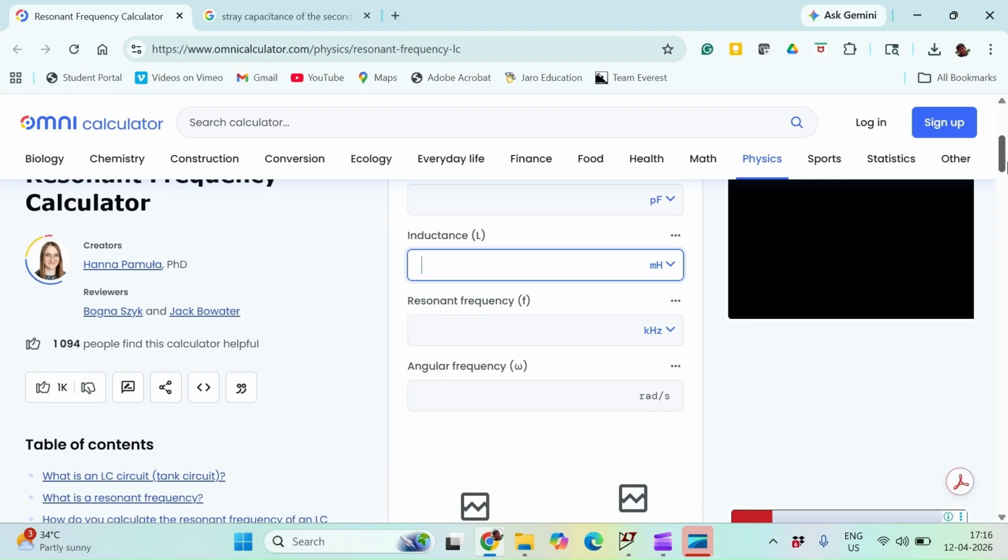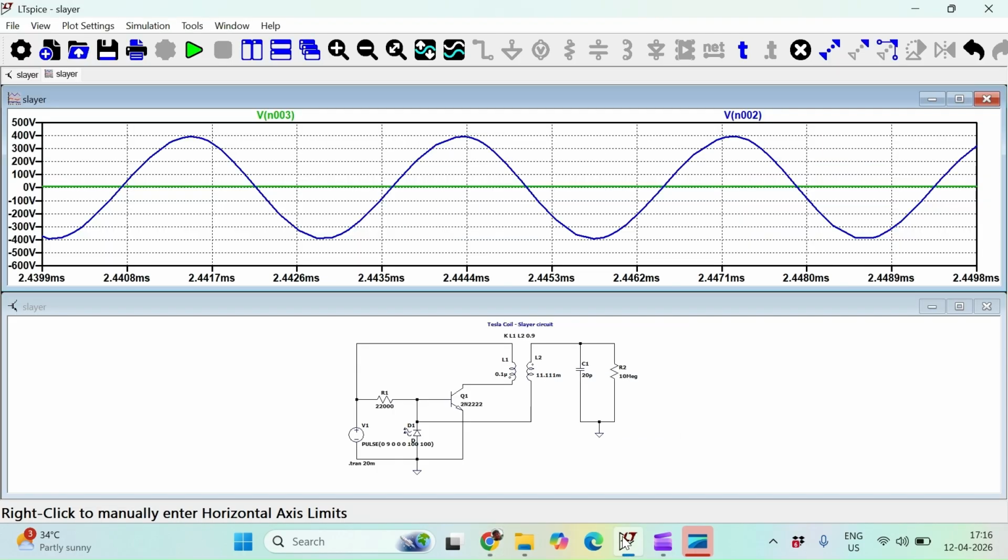So in LTspice, we have chosen the stray capacitance value to be 20 picofarad and the resistance value to be 10 megaohms. Then the inductance of the coil is 11.111 millihenries.